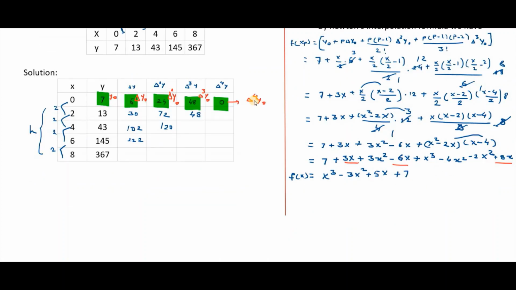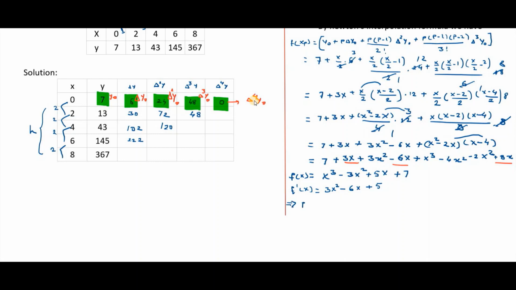Now we have to find the value for f dash of 1 and f double dash of 3. So first we have to find f dash of x. F dash of x is equal to, if we differentiate, you will get 3x square minus 6x plus 5, and now put x is equal to 1.